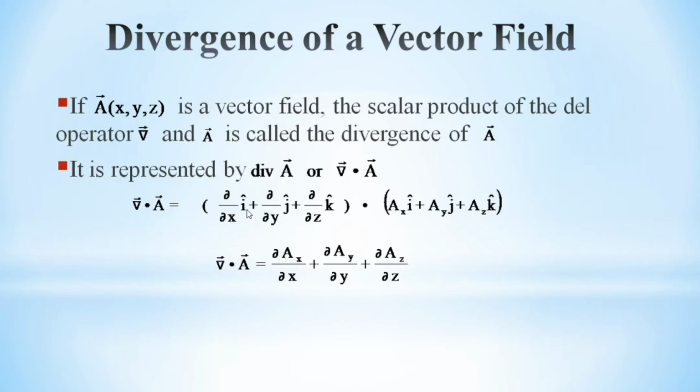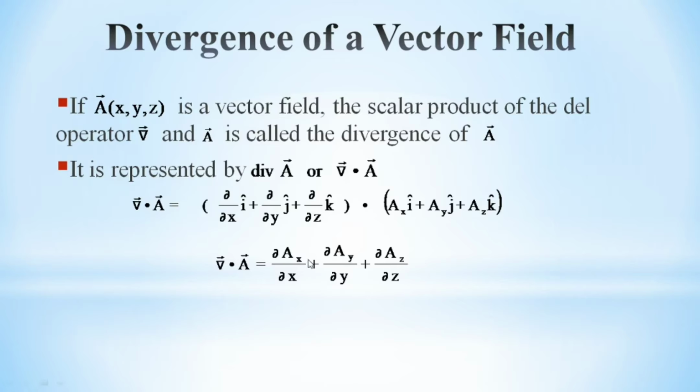Since i cap dot i cap gives 1, for other dot products, for example, i dot j we get 0, i dot k we get 0, j dot i we get 0, k dot j we get 0, like that. For all terms other than i dot i, j dot j, k dot k, we get 0, and those give 1.